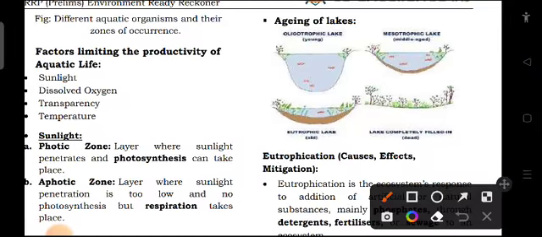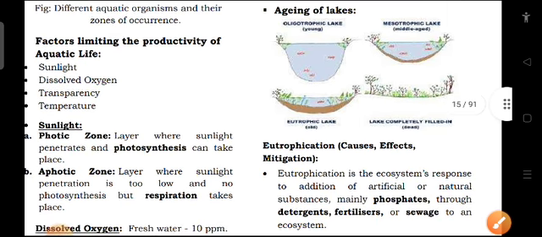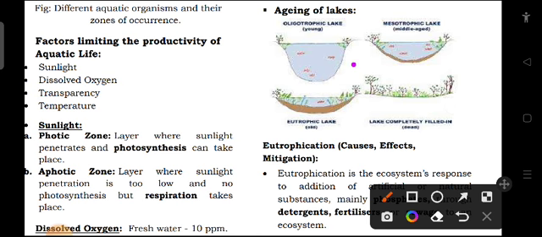Now the next topic is about the aging of lakes. How lakes become aged ones. First step is oligotrophic lake, which is young. So young lakes are like this. Then it will become a mesotrophic lake, which is middle aged. It becomes comparatively narrower and smaller in size.